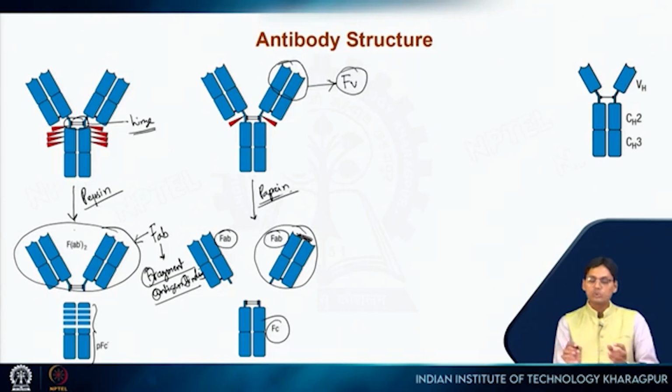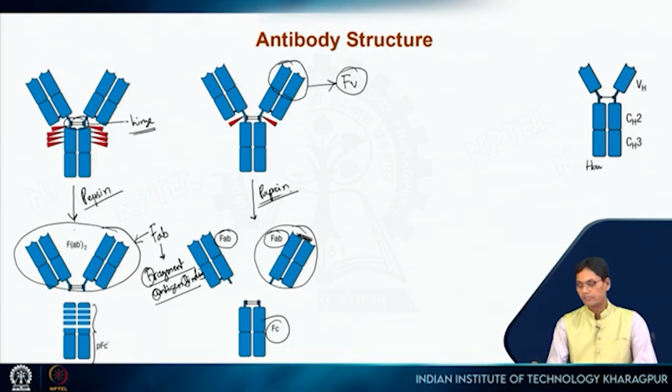Only thing, these two variable domains of the light chain and heavy chain might fall apart. So in order to make this kind of construct, Fv, we have to stitch these two domains together by some amino acid linker. That's all.